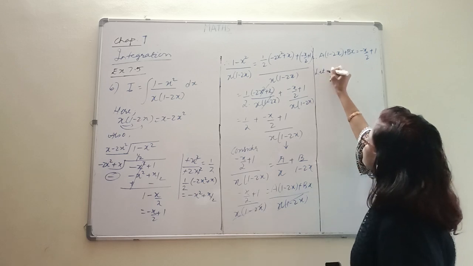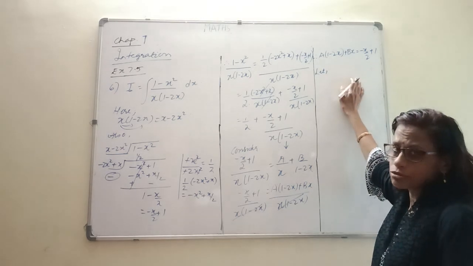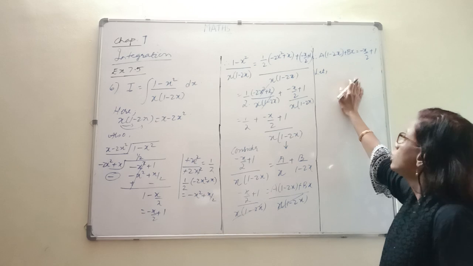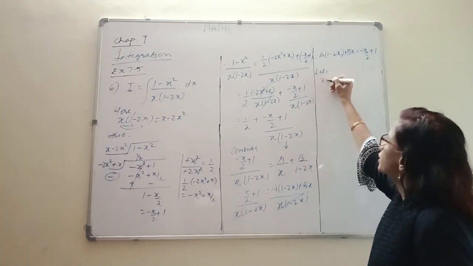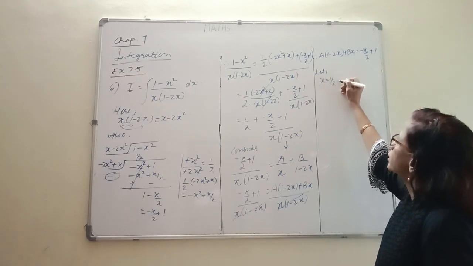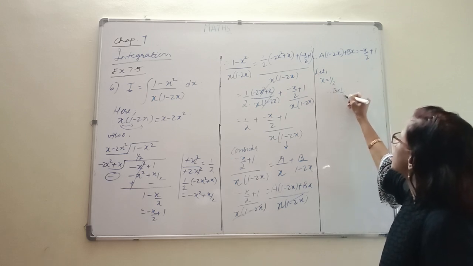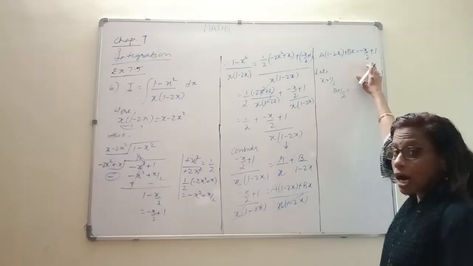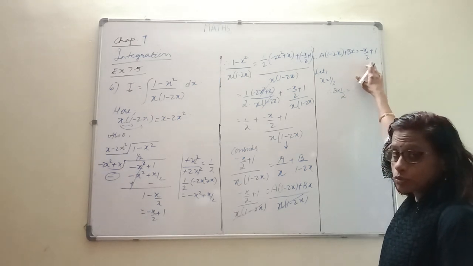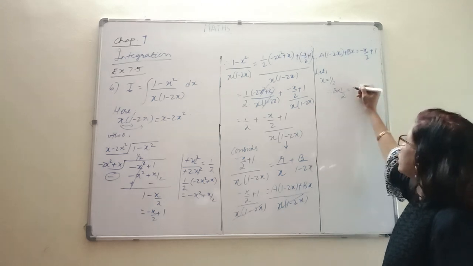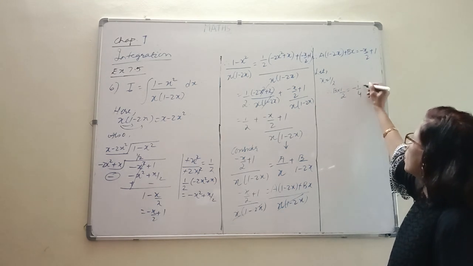Now, as we did before, we will substitute some values to get the answers for A and B. First let's take x as half. If we take x as half, then this term will vanish and we will have B times half, because x is half, and this is half over 2. So half divided by 2, multiplied by the reciprocal, becomes negative 1 over 4 plus 1.